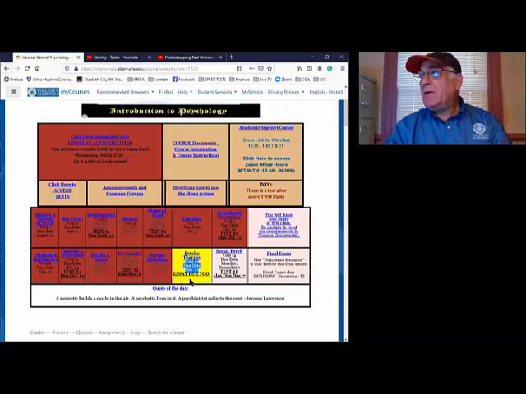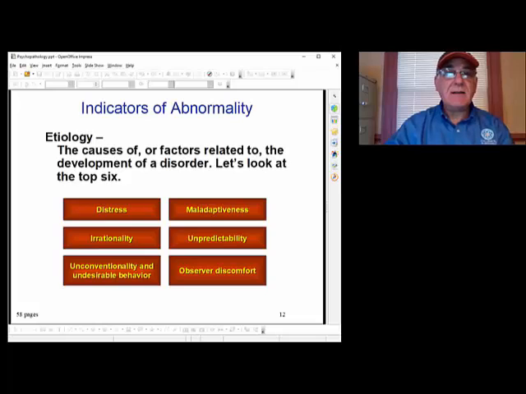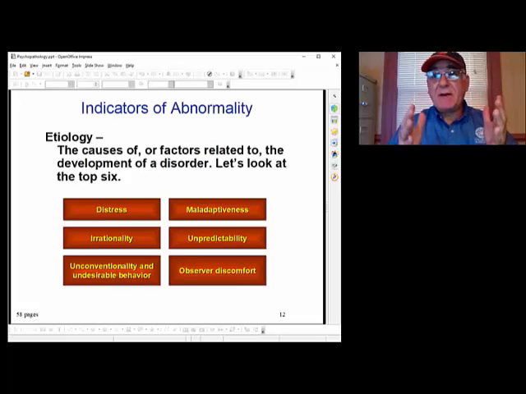So if there are no questions, then I will continue with psychotherapy, which is where we were last time. We were talking about the etiologies of a pathology. These are the causes or the symptoms of pathology. There are 6 of them that I'm going to list here, but there are plenty of others, many more.